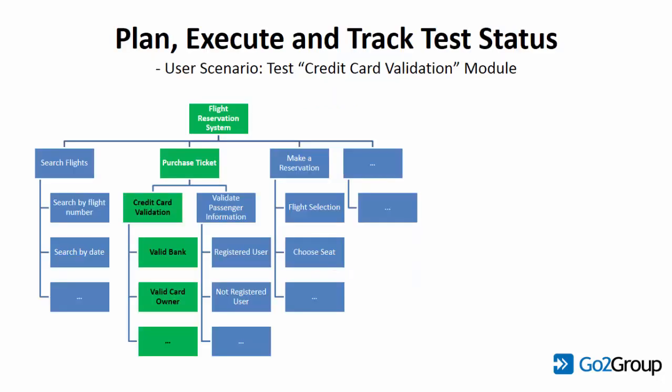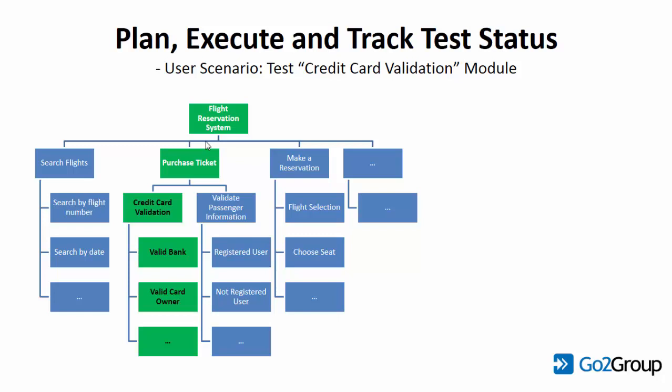We want to make sure we organize our test cases in a tree structure with the synapseRT NextGen test suite approach, and we also want to create a test case structure to parallel the flight reservation system or any application under test product structure.